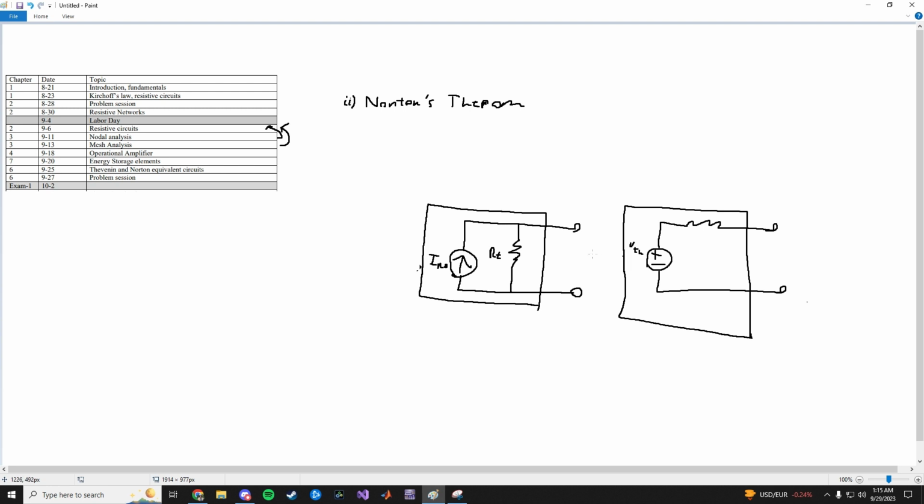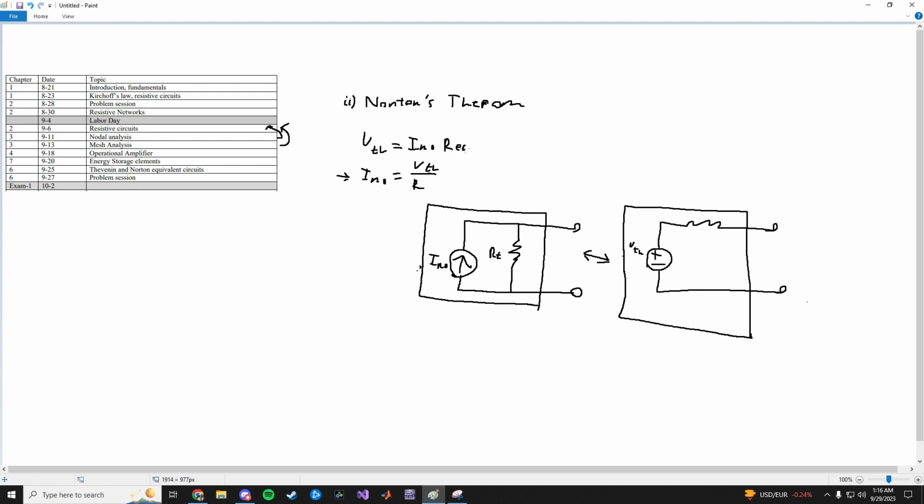The way to do it is actually using Ohm's law. From Ohm's law, V Thevenin equals V equals I times R, so it's just going to be I Norton times R. And likewise, I Norton equals V Thevenin over R. So that's how you switch in between.